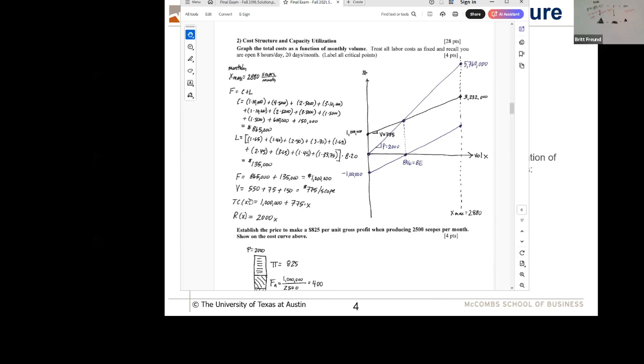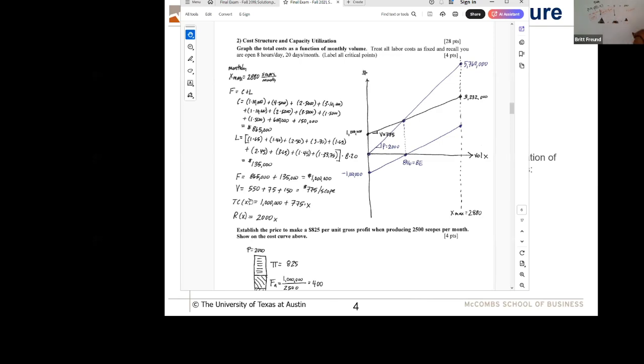And here's what I want you to understand. Every time you're thinking about incremental sales, it doesn't matter what your existing situation is. In this picture right here, we are at 2,500 sales. So at 2,500 sales, the size of this pile is 3.062.